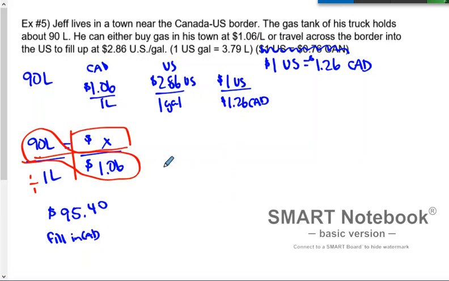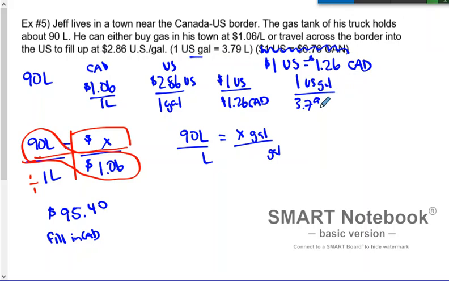So now let's take a look at the US. So first off, we have 90 liters, but they don't measure it in liters, they measure it in gallons. So let's figure out, all right, how many gallons do we need? So we'll want our units lined up nicely. And I know that, where are we here? This one. So I did not write that down. So 1 US gallon is 3.79 liters.